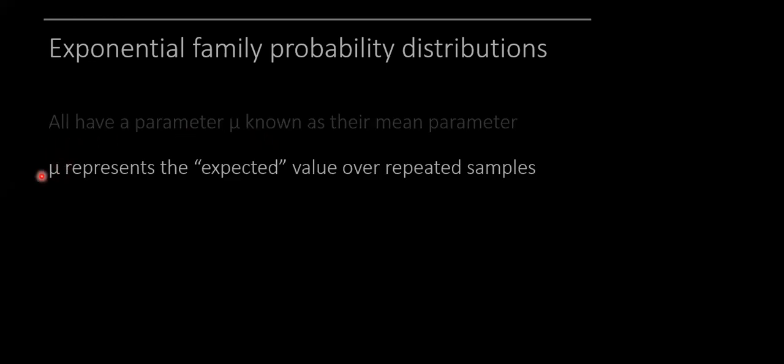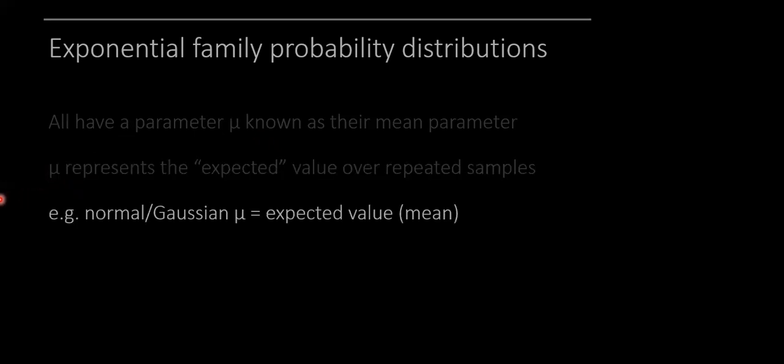This represents the expected value that you would get over repeated samples. Essentially, if you were to repeatedly sample that outcome, assuming it came from the probability distribution that you've made an assumption about, over many and, at the limit, an infinite number of repeated samples, you would expect that the average value would be this mu. It would be the expected mean value.